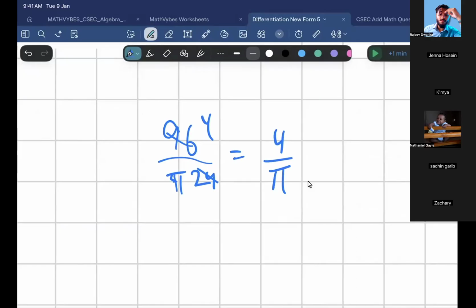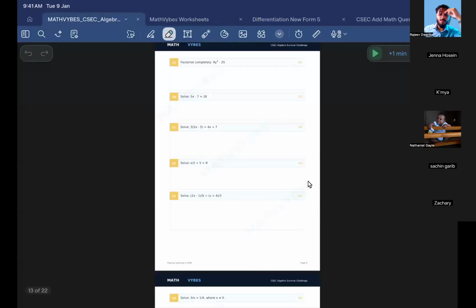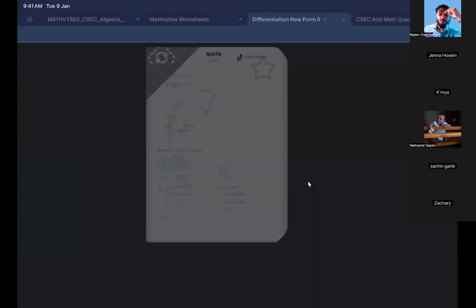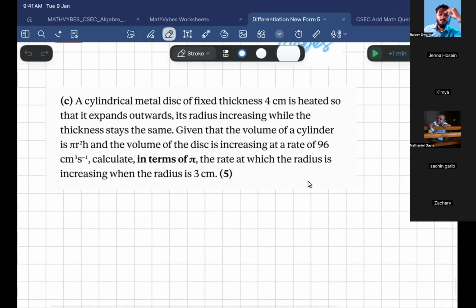That's the answer you're supposed to get. You told them 4 pi. So guys, if you didn't get 4 over pi, your answer is wrong. There's some reconsidering you might need to do. 4 over pi is the answer you're looking for.